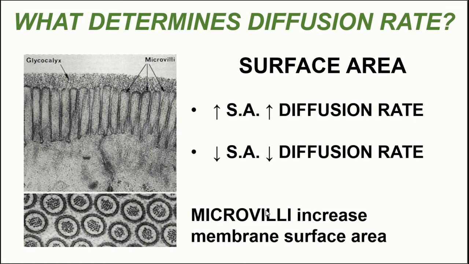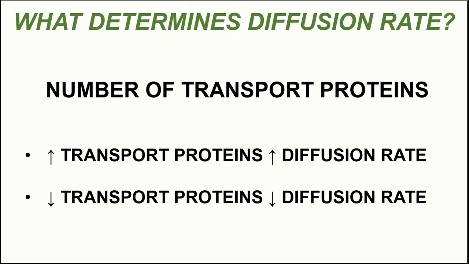So in the kidneys and in the intestines, we tend to have cells that line the inner parts of those structures that have millions of microvilli on them. And this is because those microvilli increase the surface area of the plasma membrane of the cells that are carrying out that diffusion and absorption. So more surface area, better rates of diffusion; lower surface area, lower rates of diffusion.